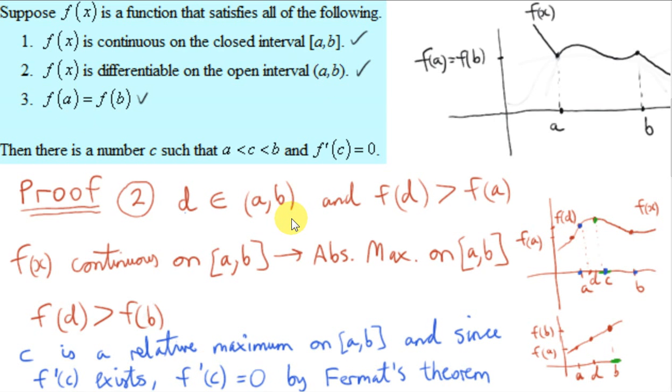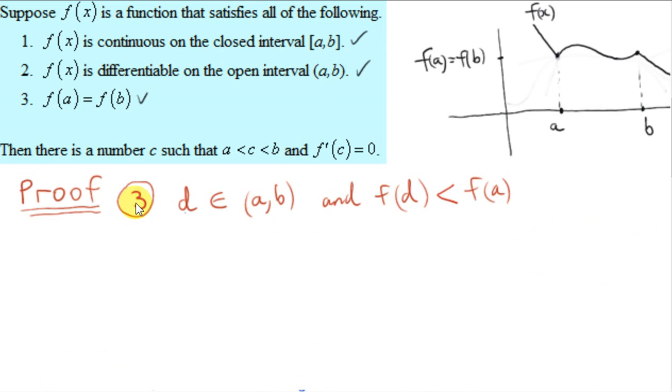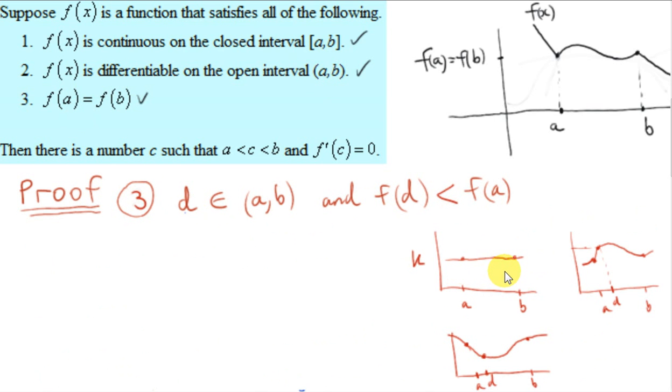So we've proven Rolle's theorem for the case where there is a number d in the open interval a b for which f of d is greater than f of a. The third and last possibility is that there is a value d in the open interval a to b such that f of d is less than f of a, and the proof of this is very similar to the second case. So if you think about it, there are only three cases.